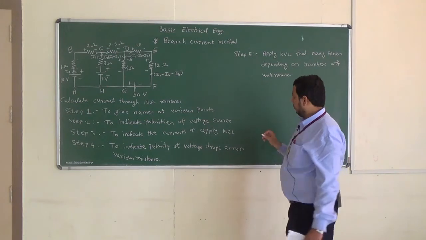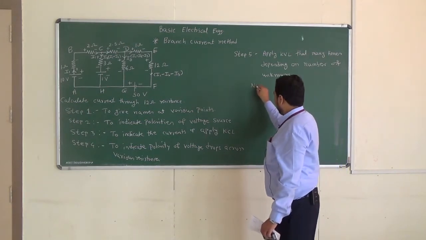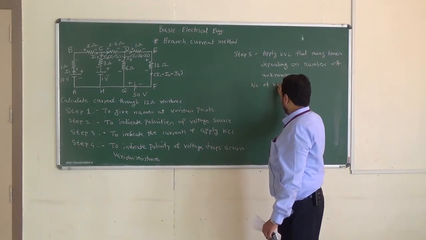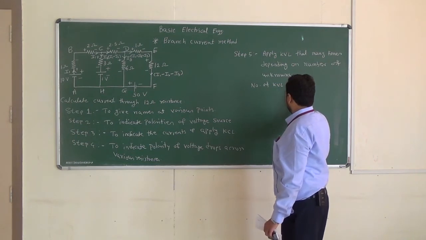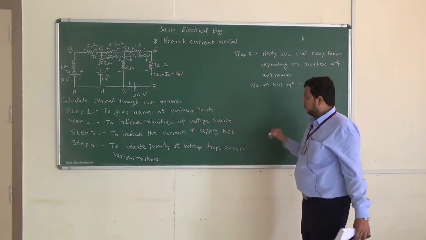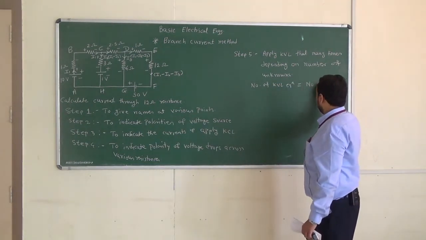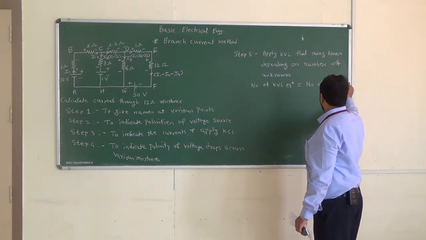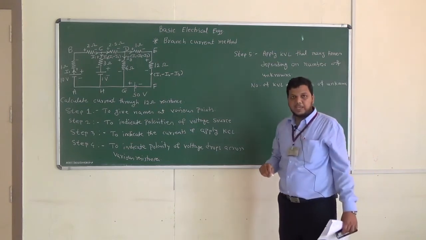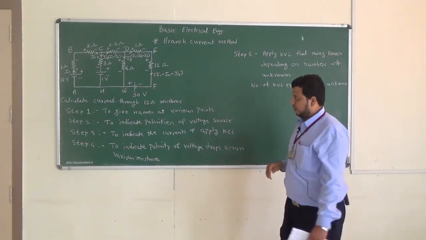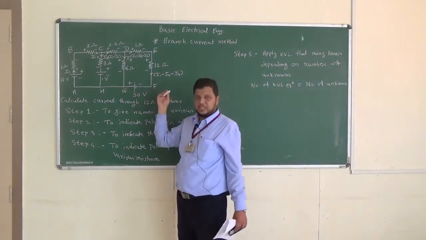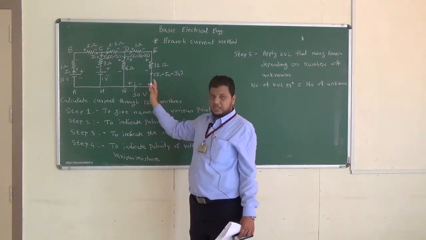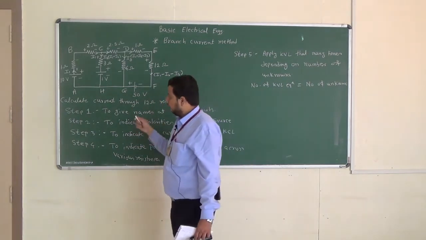What we have to understand here is that the number of KVL equations is equal to the number of unknowns. Now we should apply KVL to various loops. As you can see, there are a number of loops here, and we should choose 3 loops. So how to choose the loops?